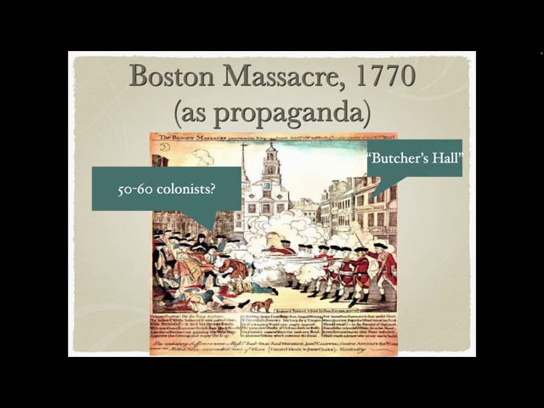What you have portrayed here is just a total massacre. All those guns firing upon a group of people that were doing nothing wrong. Okay? So, propaganda, this is just one piece. The Boston Massacre is just one piece of propaganda that one could argue leads to the American Revolution.